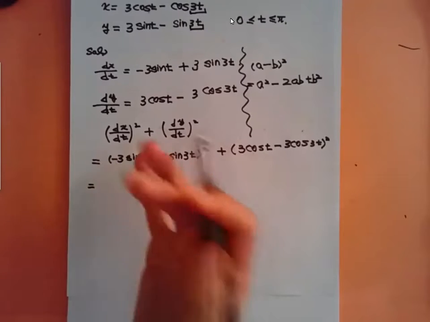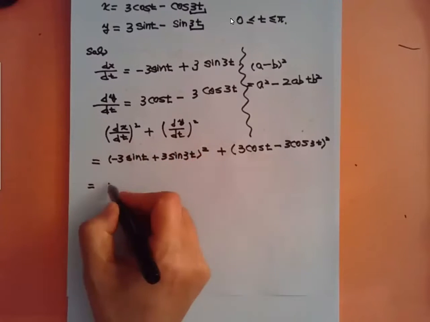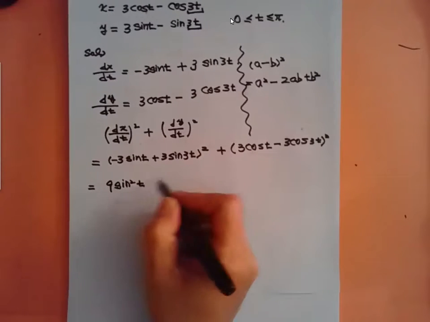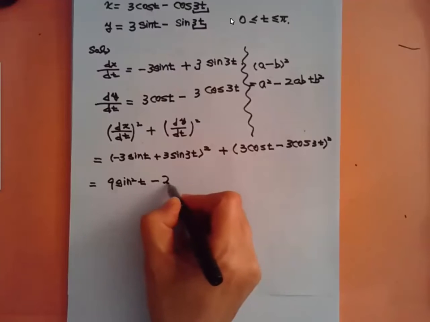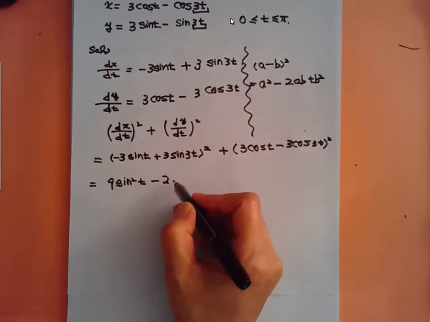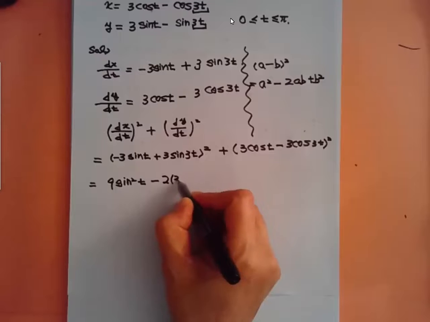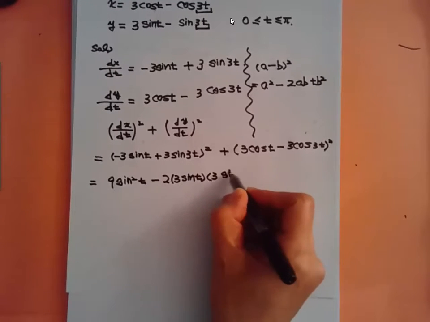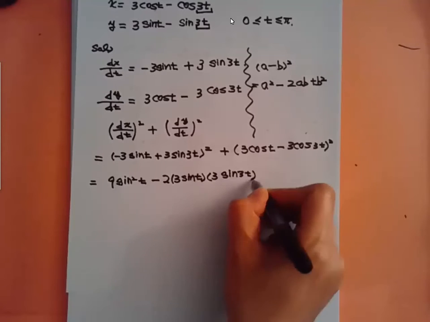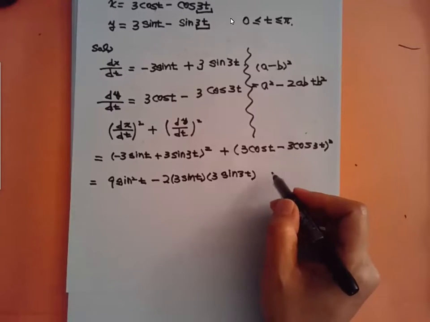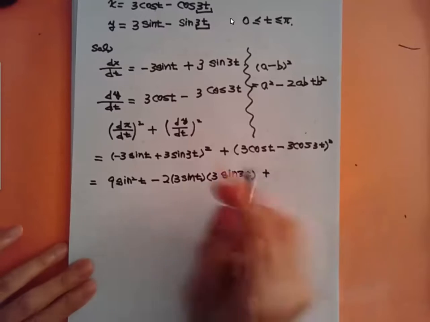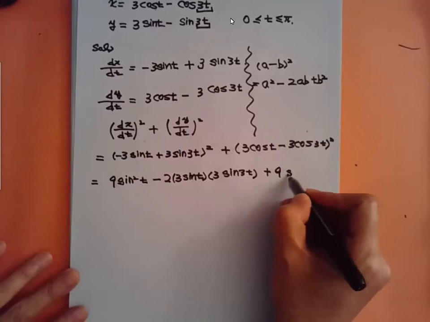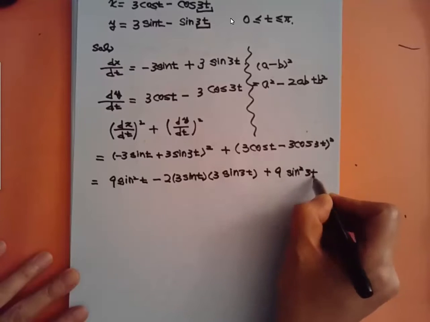So each term squared: 9 sine squared of t, minus 2 times 3 sine of t times 3 sine of 3t, plus the second one squared, 9 sine squared of 3t.